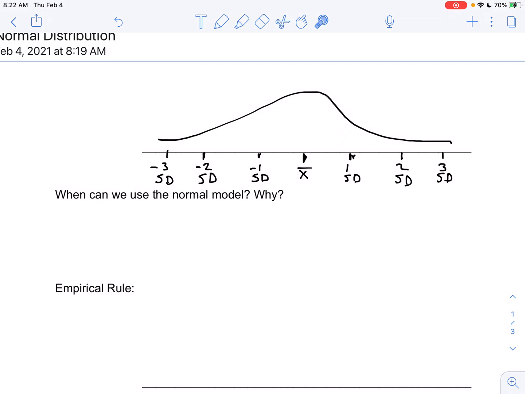So when can we use the normal model and why? We're going to use the normal model when the shape of our data is symmetrical, or mostly symmetrical, and when it's unimodal.